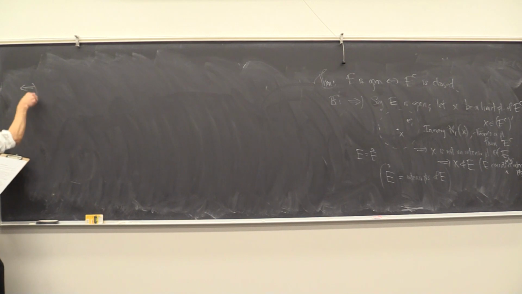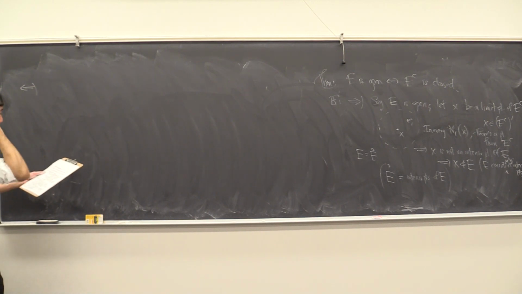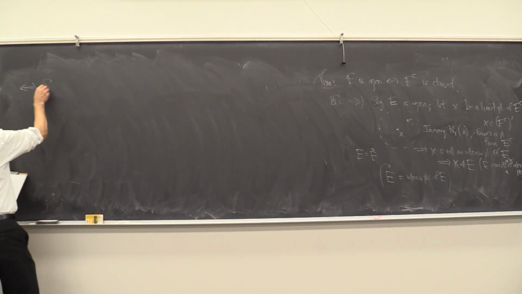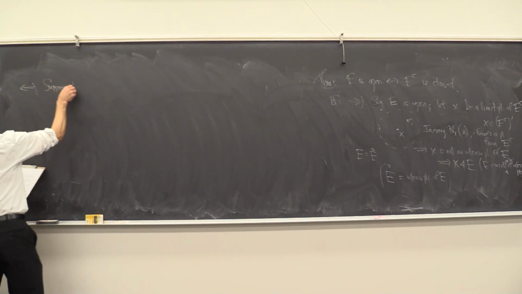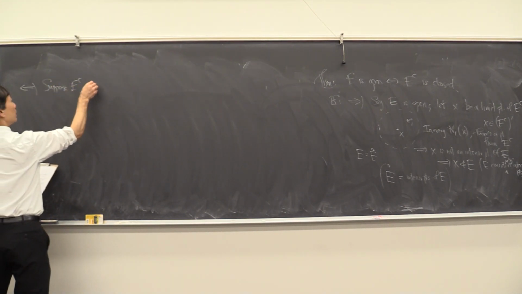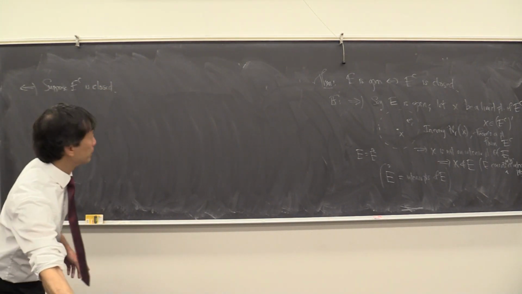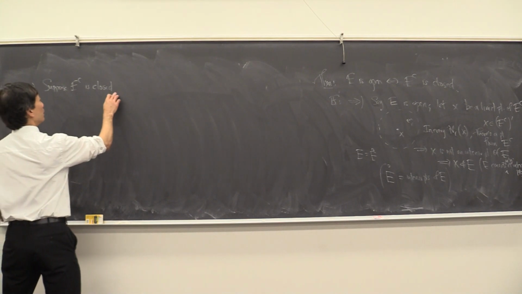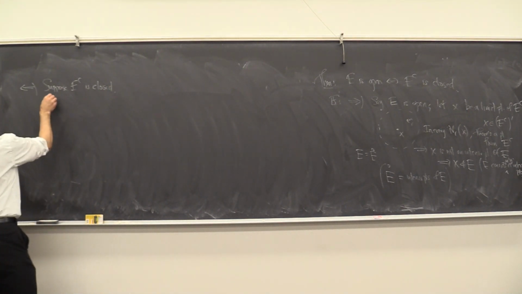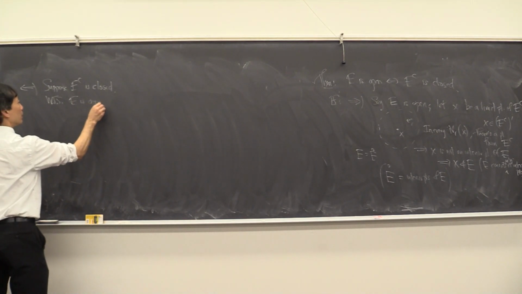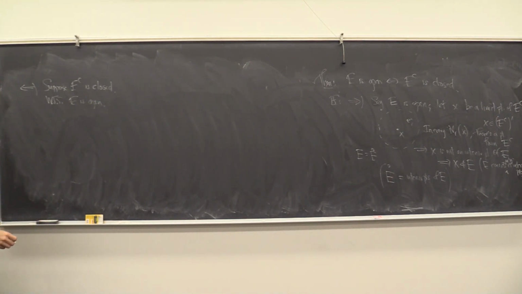Okay, this is probably the last one we're going to do today. So going backwards, suppose that E complement is closed. We want to show that E is open.